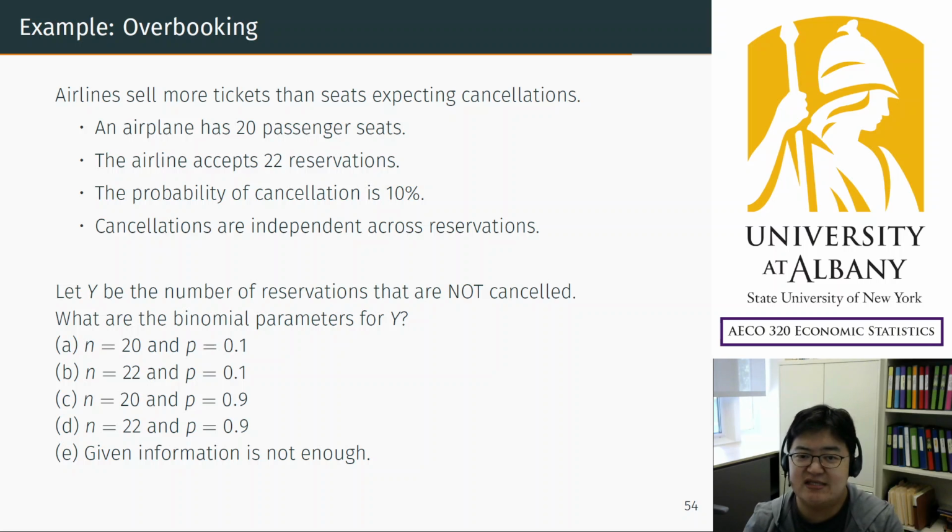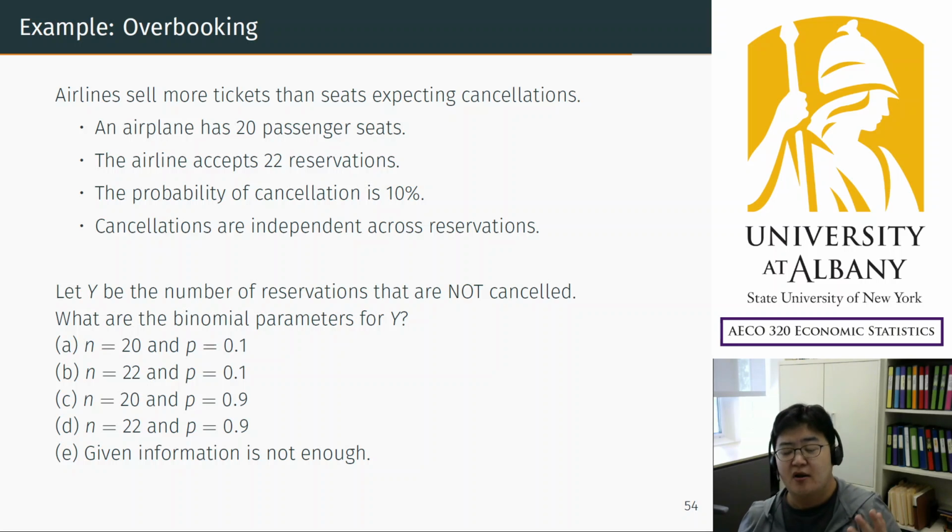So there are 20 seats in that plane, but the airline company accepted 22 reservations, which is two more reservations than the capacity. So the airline could be in trouble, but assume that the probability of cancellation is 10%. And as usual, I'm going to assume that the cancellations are independent.